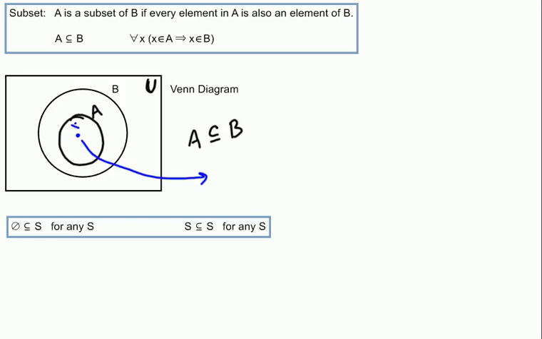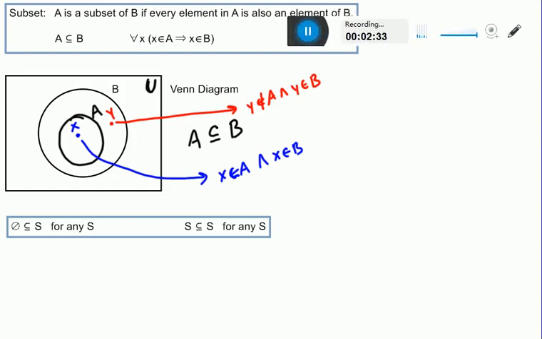If we call this thing x, x would be in A, and x would also be in B. But if we think about an element out here called y, that element y is not in A, and y is in B. And if we take it one step further to look at an element outside of here called z, z would not be in A, and also z would not be in B.